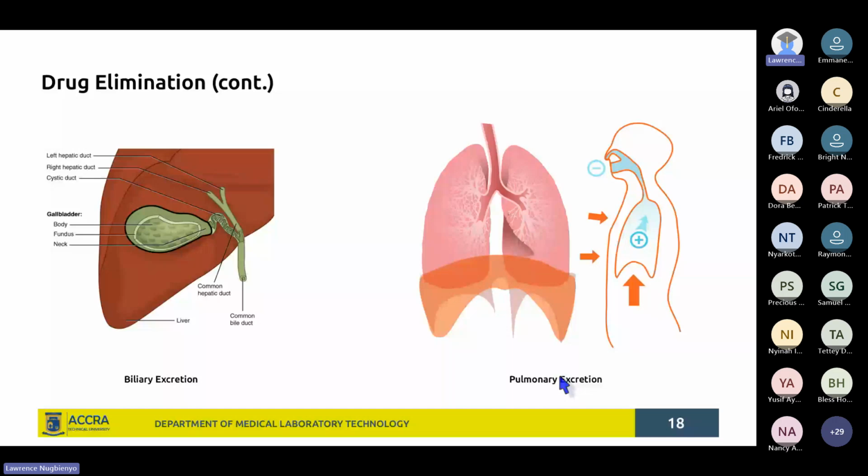You actually experience the smell of acetone from excessive alcohol consumers, for instance, where they have these ketone bodies being produced a lot, and you have acetone getting exhaled with the exhaled air. You smell a pungent sort of smell from them, and you don't want to go close to them. That kind of excretion is what we are referring to as pulmonary excretion from the lungs.